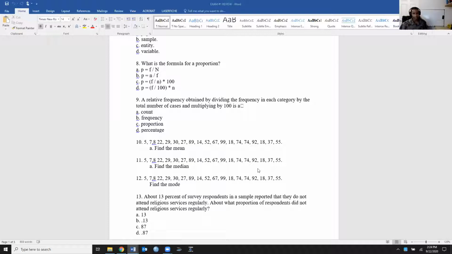So how many numbers do we have? We have 1, 2, 3, 4, 5, 6, 7, 8, 9, 10, 11, 12, 13, 14, 15, 16, 17, 18, 19. Okay, so we have 19 altogether. So what we need to do is add all these numbers up and then divide by 19.